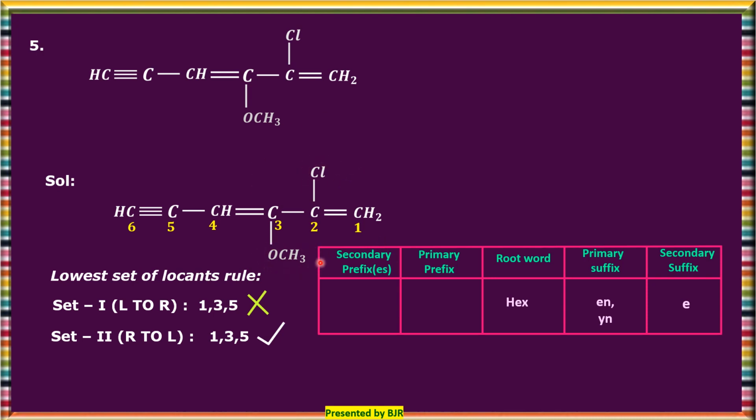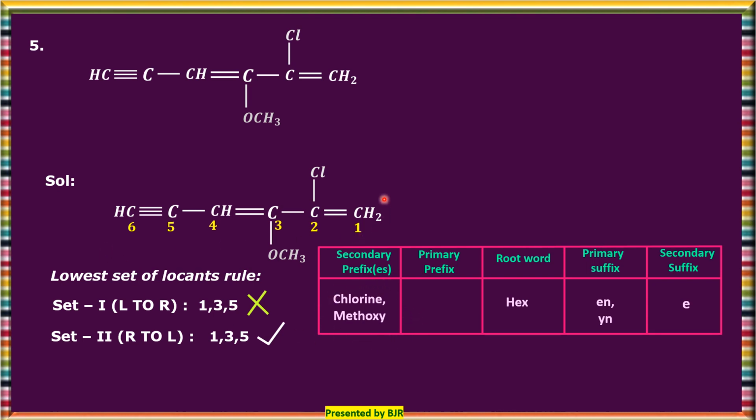This is methoxy. This group is attached to the third carbon, and chlorine is attached to the second carbon. So two secondary prefixes are there, chlorine and methoxy, and we have to write these substituents according to alphabetical order.